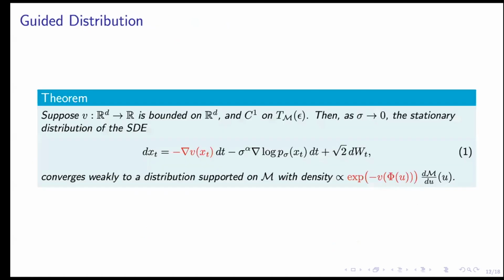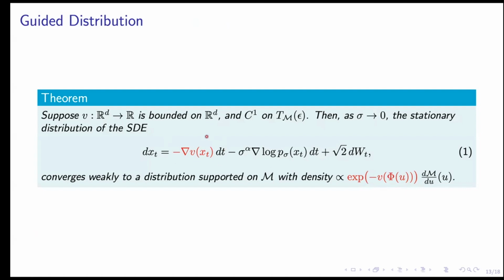This idea can also be applied to the guided setting. In addition to the score function, we can also have a guidance function that guides us to a tilted distribution on the manifold according to our guidance.